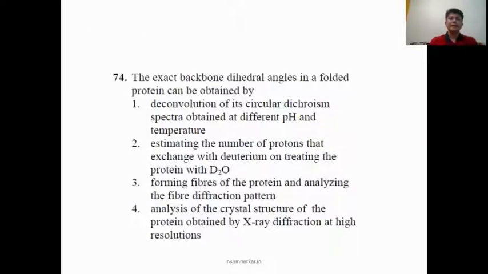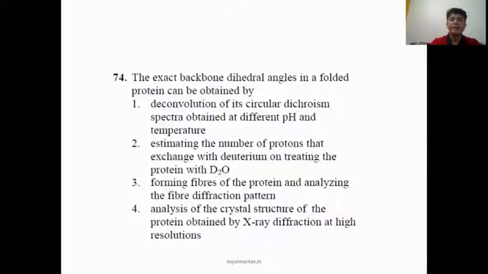The exact backbone dihedral angles in a folded protein can be obtained by deconvolution of its circular dichroism spectra obtained at different pH and temperature, estimating the number of protons exchanged with deuterium on treating the protein with D2O, forming fibers of the protein and analyzing the fiber diffraction pattern, or analysis of the crystal structure of the protein obtained by X-ray diffraction at high resolution.